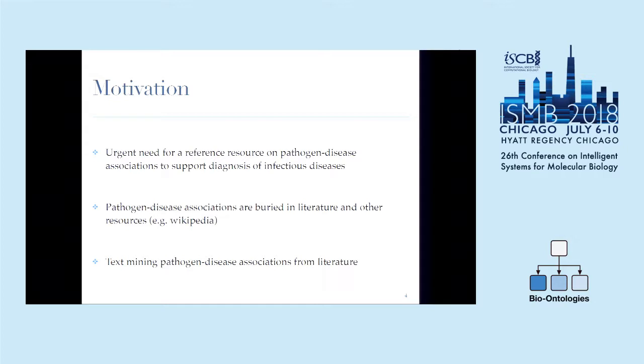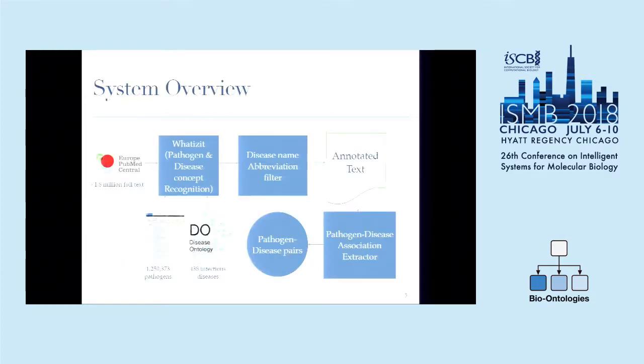These associations are generally buried in literature and also Wikipedia and some other resources like Medscape. And obviously they are in unstructured format, and we needed to apply text mining methods in order to gather this information. This figure shows the system overview.